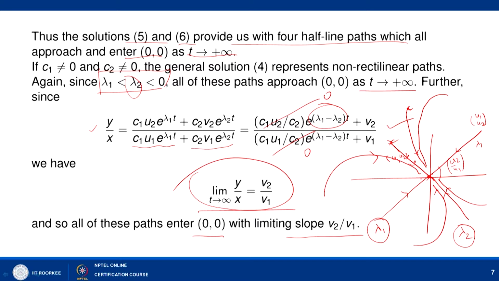So, in this case, when λ1 and λ2 are both real, unequal and negative, the solution will tend to (0, 0) and enter (0, 0). So, in this case the origin is an asymptotically stable node.